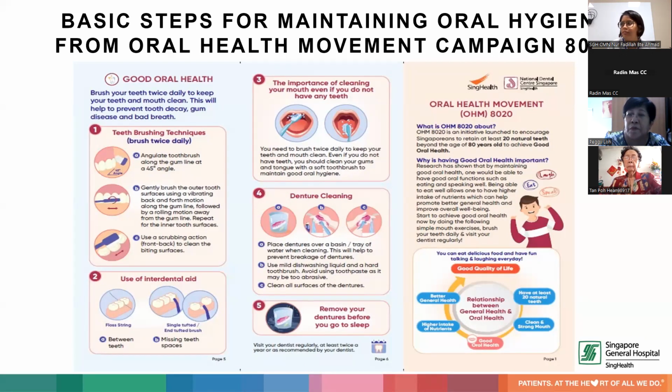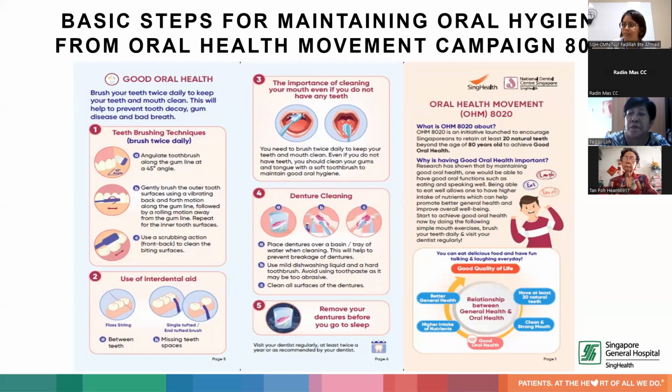I don't know if you can see. Just do rotating motions like this for all the teeth. For the biting surfaces, you just have to do a scrubbing action front and back like that. Same from the top, you just do front and back.